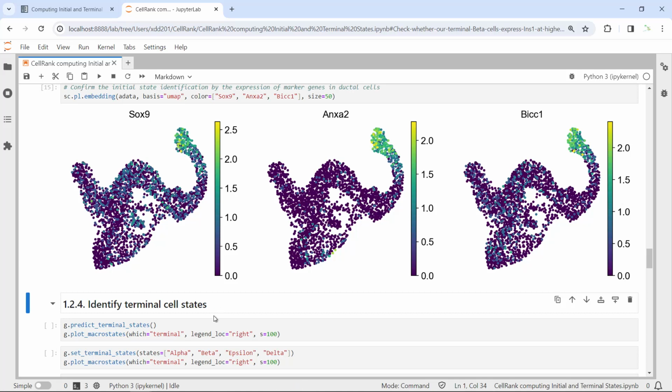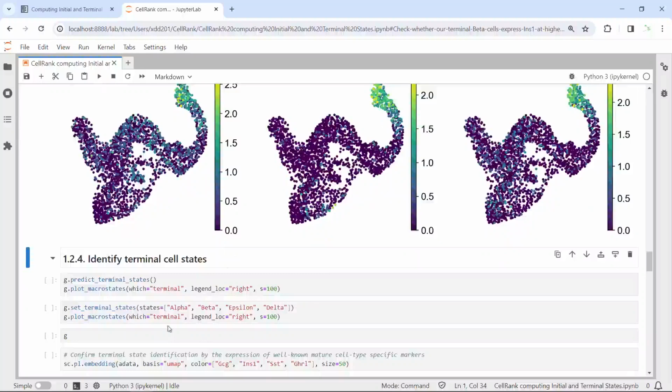So next we can identify the terminal cell states. I showed you in the coarse-grained transition matrix already, the data only show high values for the epsilon, beta, and alpha cells.